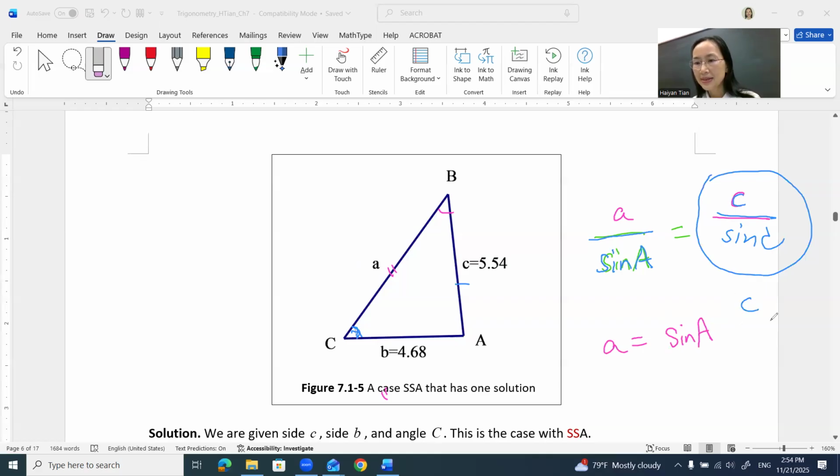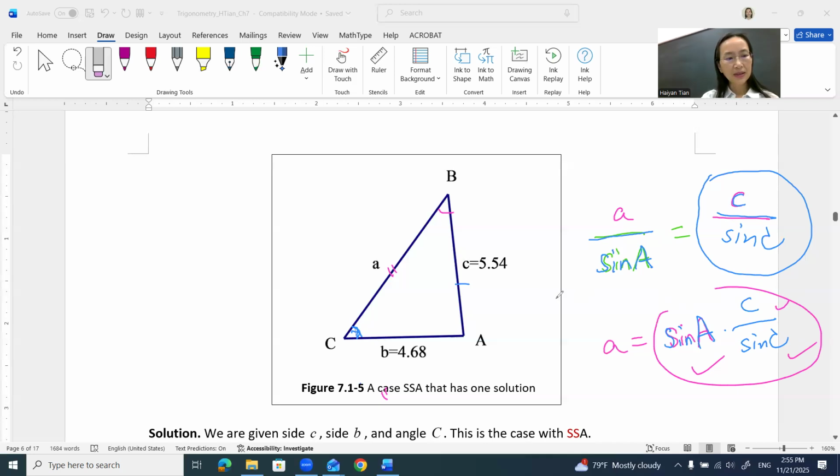So the right-hand side is C over sine capital C. And then it's being multiplied by sine A, then to find the lowercase a. So remember, we just got the A, right? Also the C and capital C are given. So everything given, so we can determine the lowercase a.